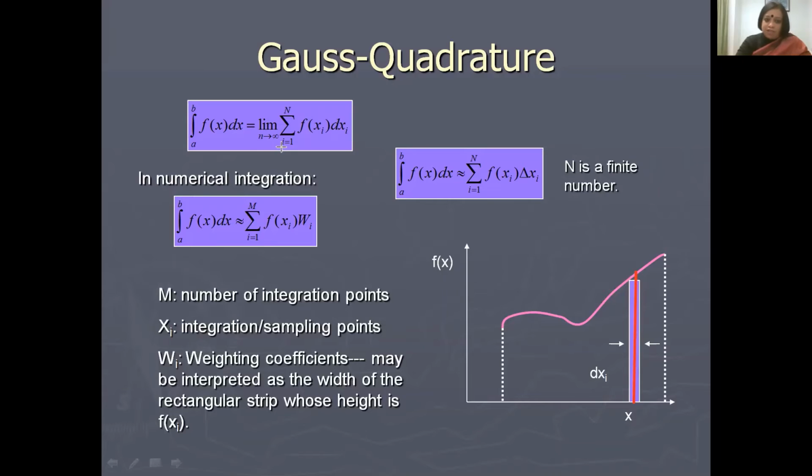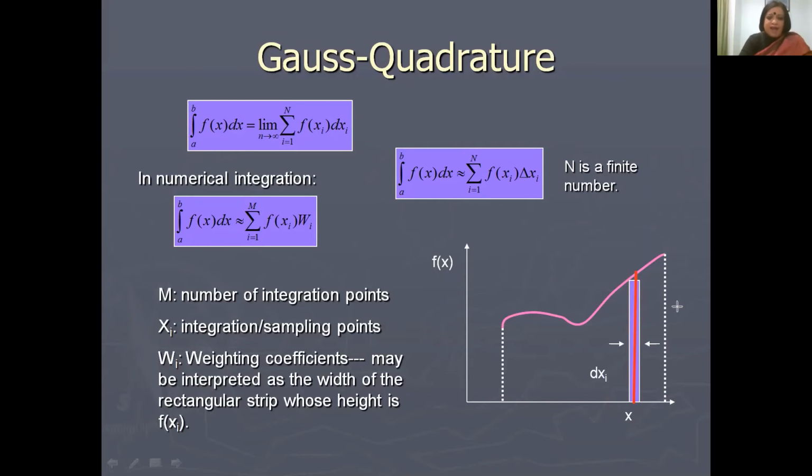So when I multiply f(xi), sampled at point xi, by a very small interval dxi, I get this blue area. And then I sum over all such areas from i equal to 1 to capital N, for an infinite number of such points. That should give me the integration numerically.